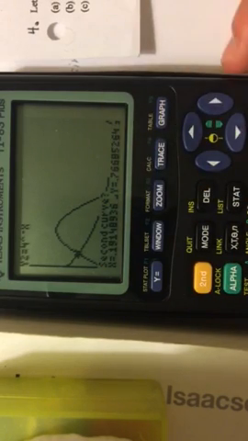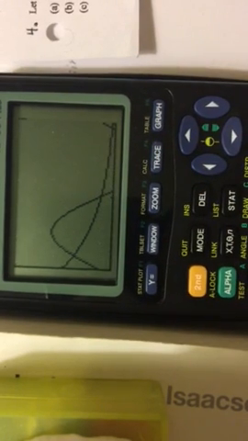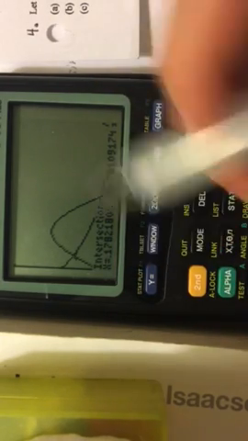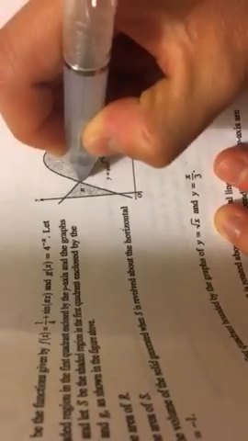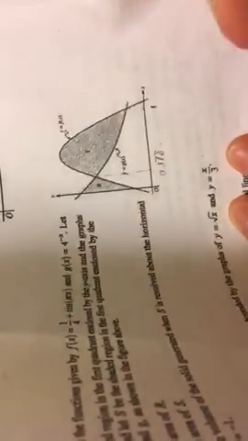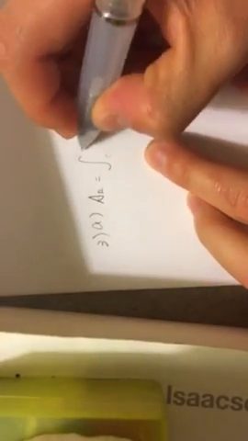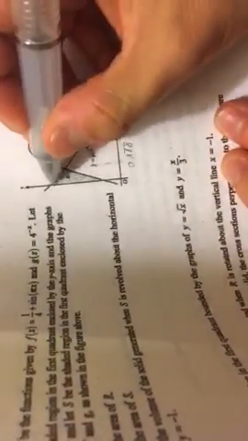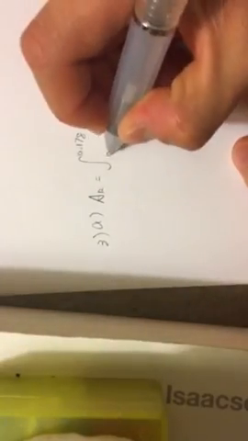It's already there. So you enter, and then guess, yeah. See? Here's the intersect point. That is x equals 0.178. So over here will be 0.178. That means the upper bound for this is 0.178, and the lower bound is here, 0, right?